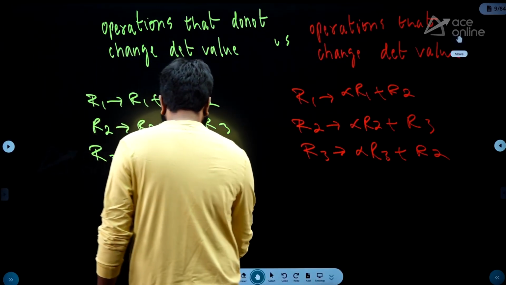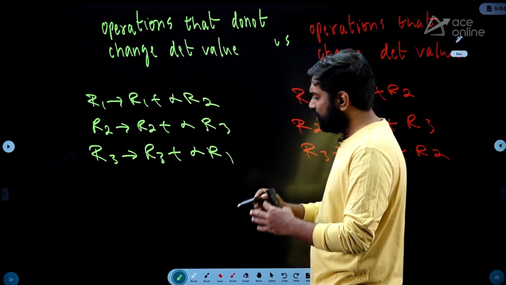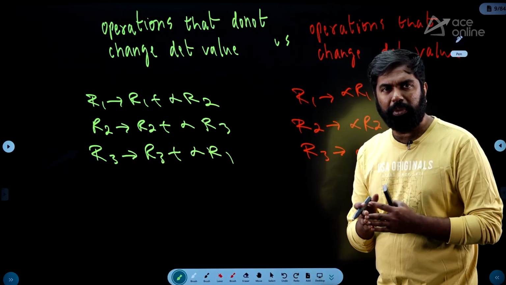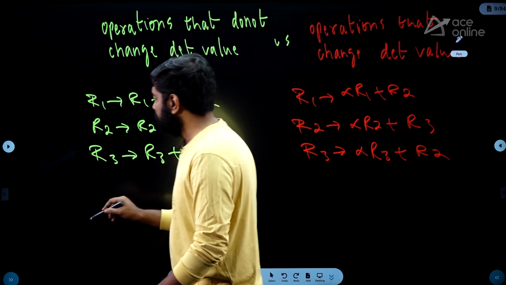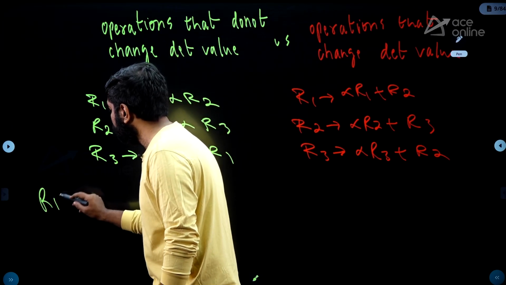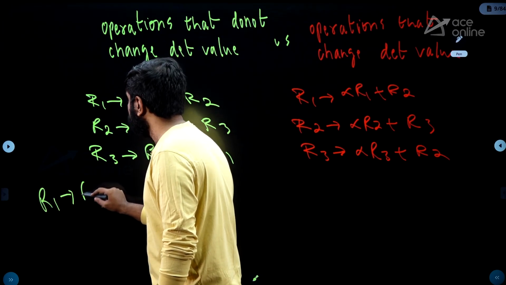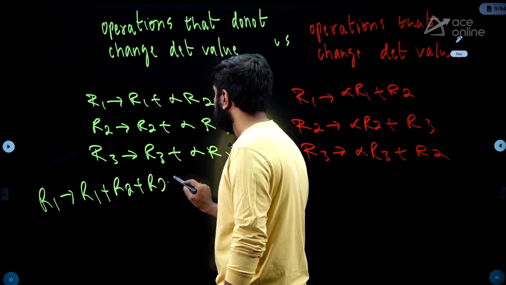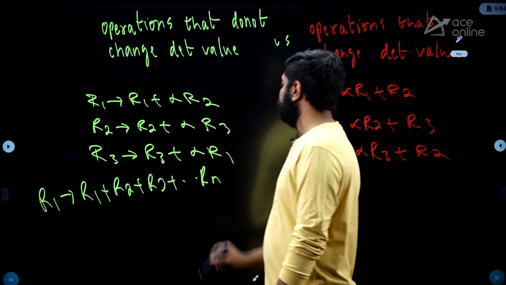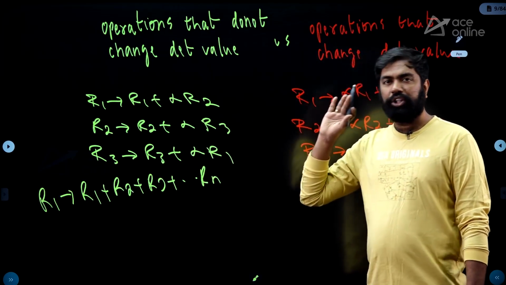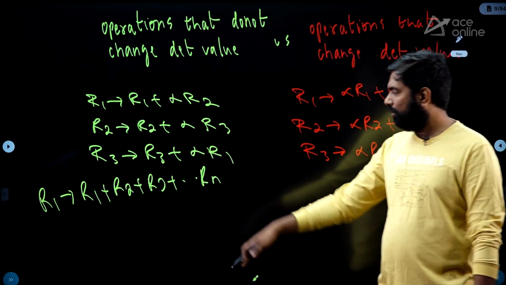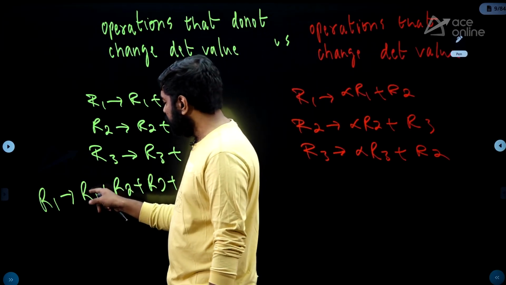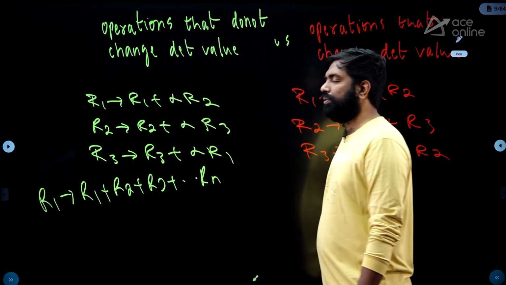So in such big problems, 2-mark problems, I found this operation was the crucial thing, where R1 is replaced with R1 plus R2 plus R3 plus so on Rn. This does not change the determinant. You can read it like this: R1 is replaced with itself plus a combination of the other rows.